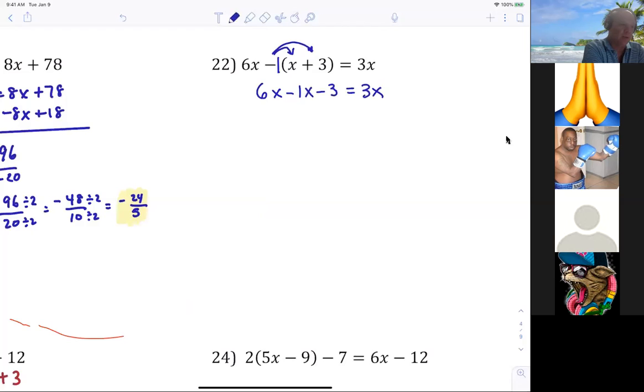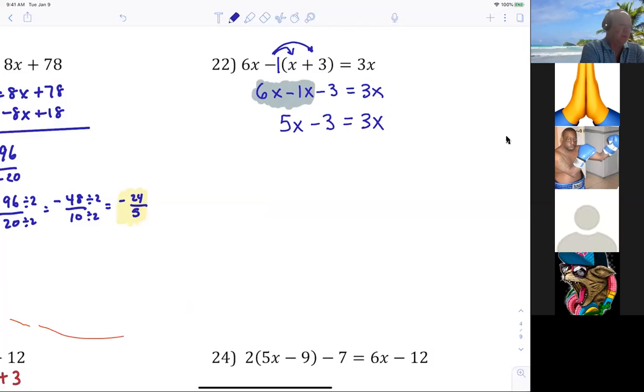Now I want everybody to look at this. What's 6x minus 1x, guys? 5x. Yep, thank you. 5x minus 3 equals 3x.